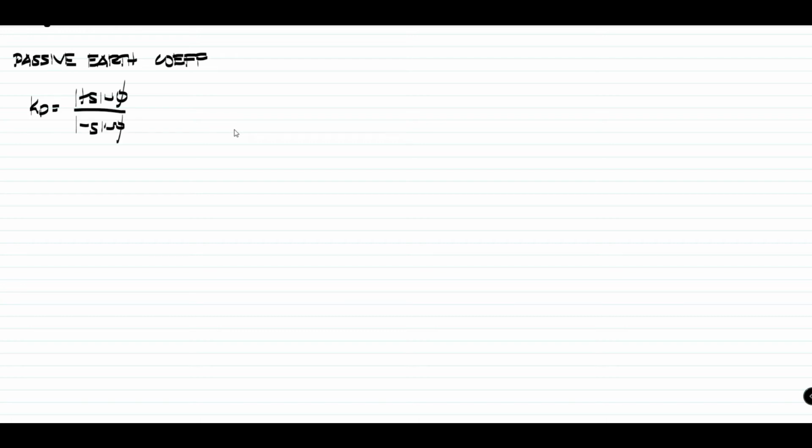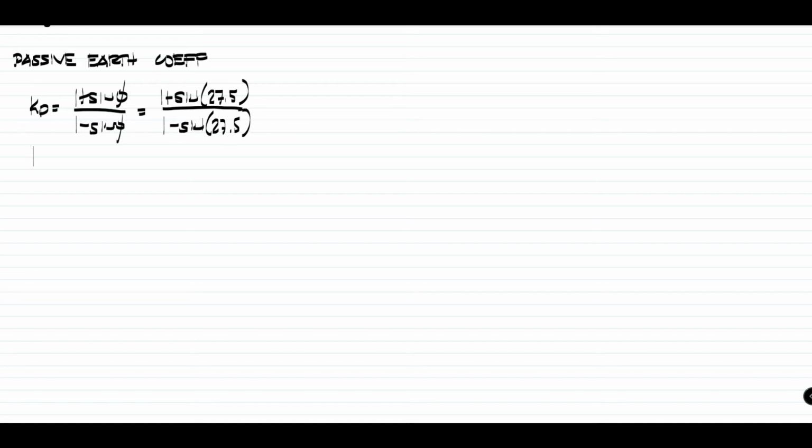So, for this problem, ito naman yung gamitin natin. Kasi, from our previous problem, ang ginamit natin is tangent squared 45 plus phi over 2. So, this will become 1 plus sine of 27.5 divided by 1 minus sine of 27.5.